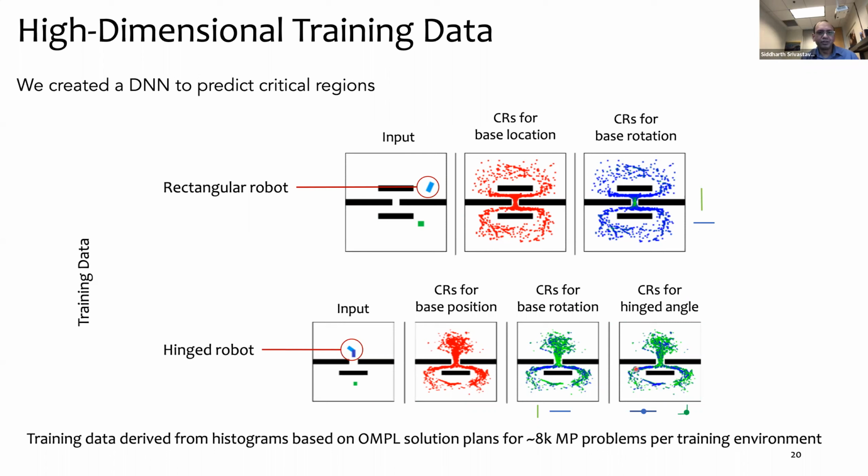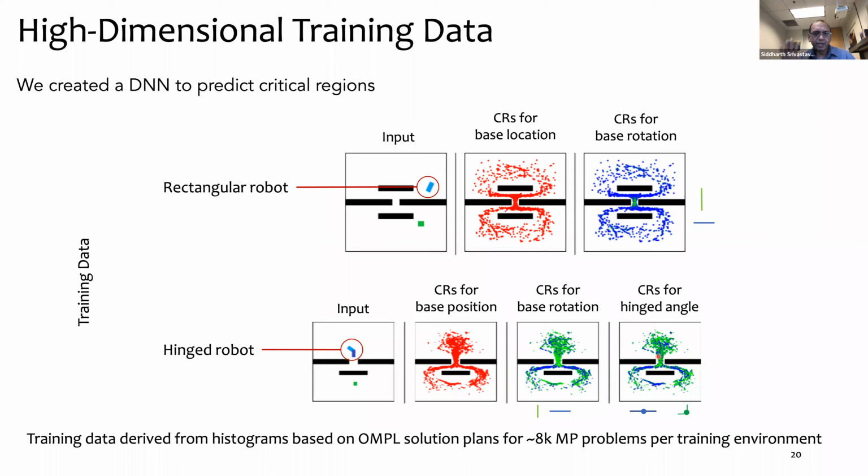So it has to be straight when it's over here, and it becomes again a bent angle at this point, so 90 degrees at this point. So there are no surprises here. This is just training data. We generated a bunch of problems using this robot for this simple environment, computed solutions, and plotted what is the more likely joint value for each joint. So that's our training data.